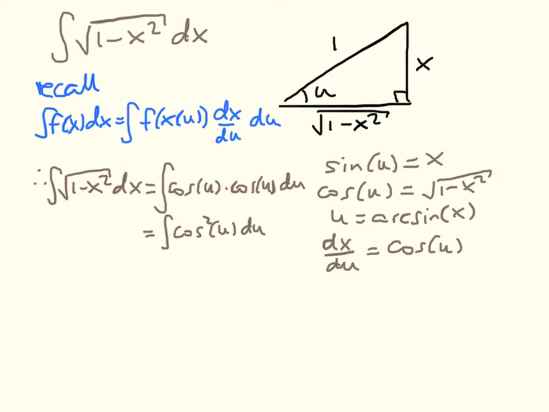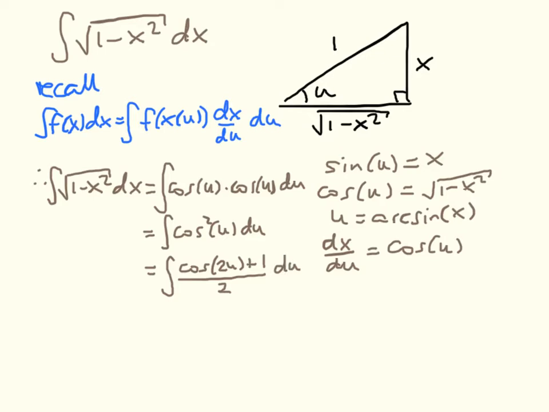And this is an extremely standard familiar integral, the integral of cosine squared. We use the double angle formula to rewrite the cosine squared in a way that we can integrate, and what we say is that the cosine of 2u plus 1, all divided by 2, is the cosine squared of u.